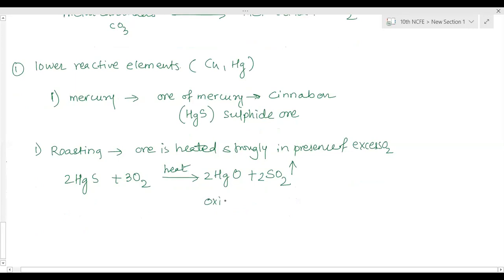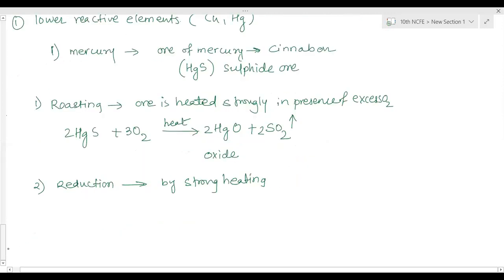Now the oxide is reduced. The second step is reduction of this oxide, done by strong heating. The bond is not so strong: oxygen and mercury are not strongly bound, so by strong heating they decompose.